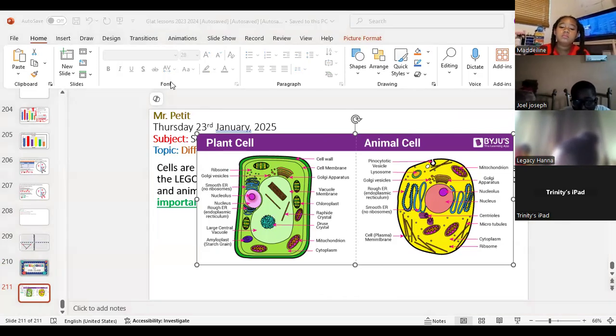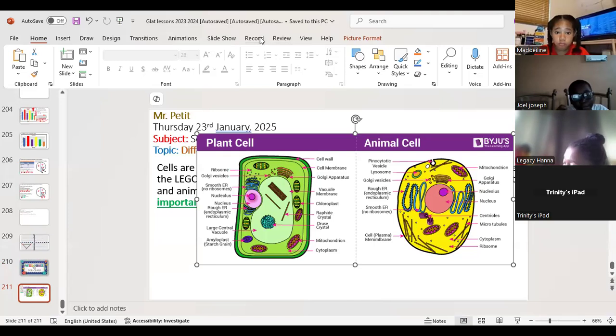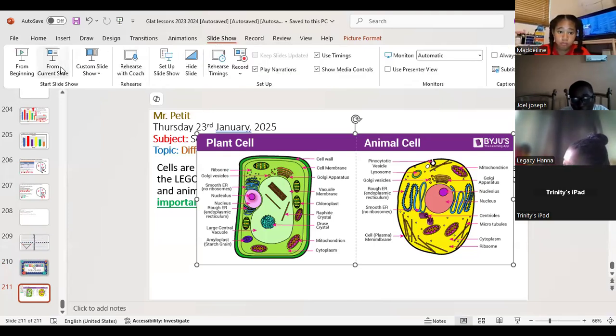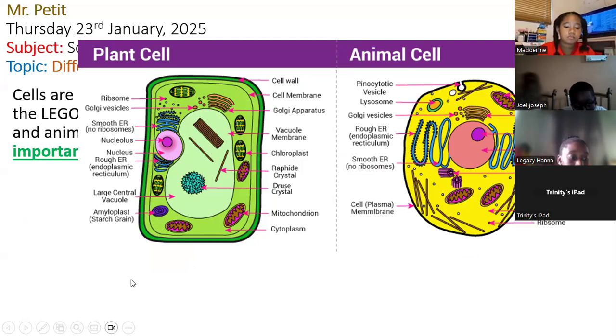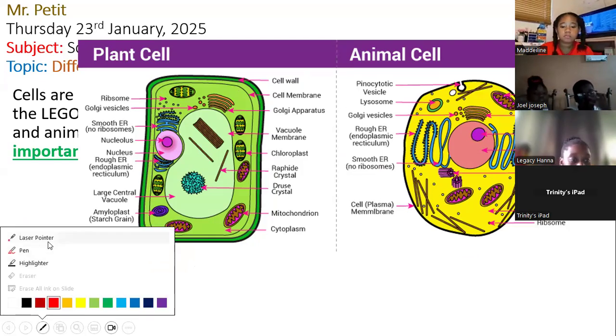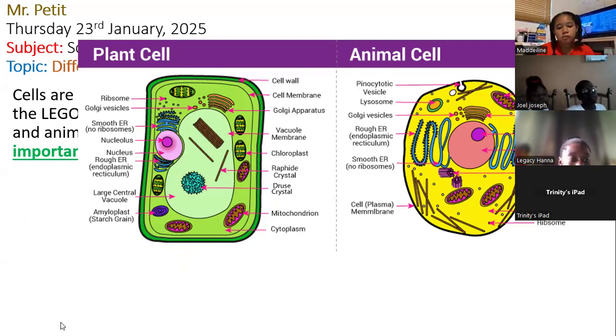Right, so what we have here on the left hand side is the plant cell. As you can see, the plant cell looks more like a box, right? Which shape does it look like? Rectangle. Yeah, so the plant cell is more like a box shape, rectangular shape.